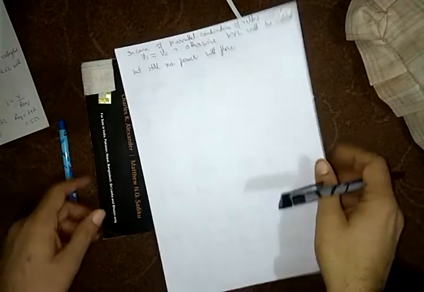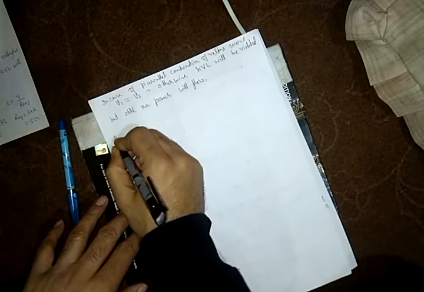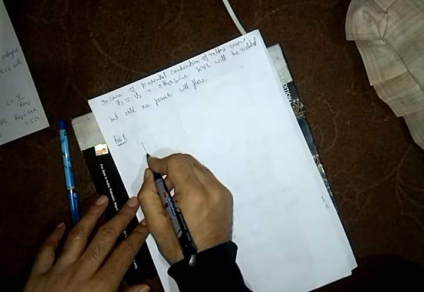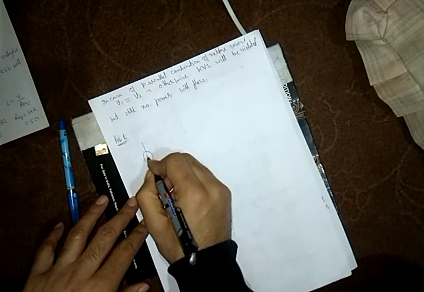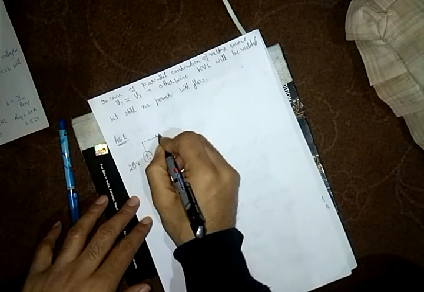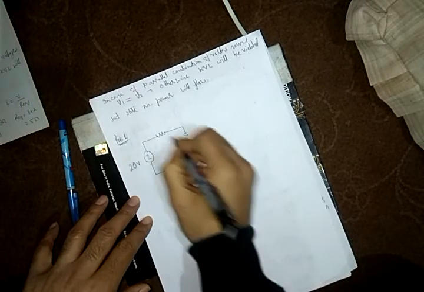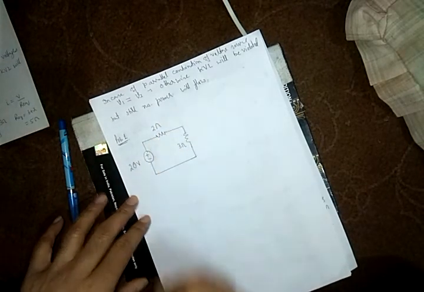Next, let us solve a few problems. For example, problem 1, a simple case. I will take a voltage source of 20 volt. Then I will take two resistors connected in series, this is 3 ohm and this is 2 ohm.